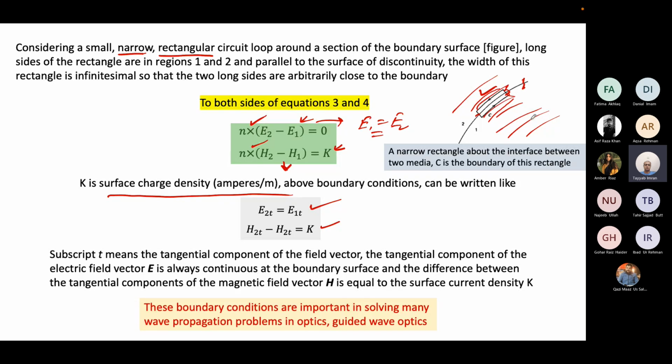In case of a normal component, electric field is not continuous. But in case of a tangential component, electric field is continuous, okay? And in case of magnetic field, normal components are continuous, but tangential components are not continuous, ठीक है.